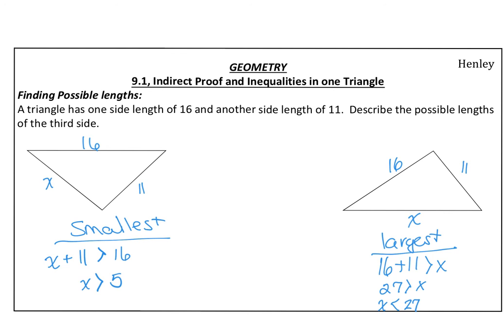Now, that tells us that 5 must be less than x, and x must be less than 27. That means that the third side can be any number that falls between 5 and 27.